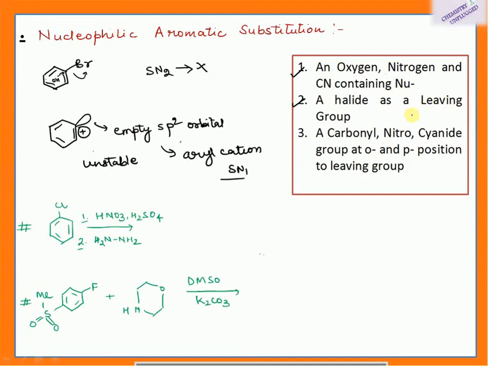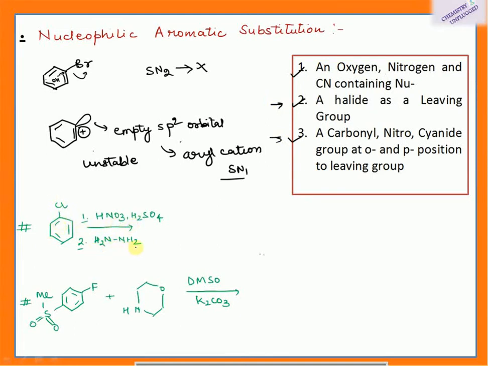Second, a halide group should be present, and it will act as a leaving group, right? So we need a halide group also. Third, a carbonyl, nitro or cyanide group at the ortho and para position of the leaving group. Okay, so these three things are very important. We will discuss these points in the following examples.